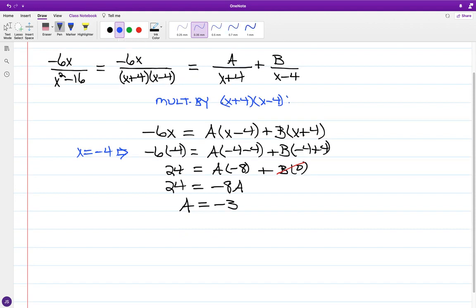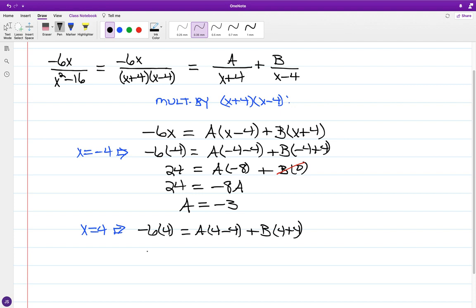And now, having found a, we can now set x to 4. And so we have negative 6 times 4 is equal to a times the quantity of 4 minus 4 plus b all over 4 plus 4.